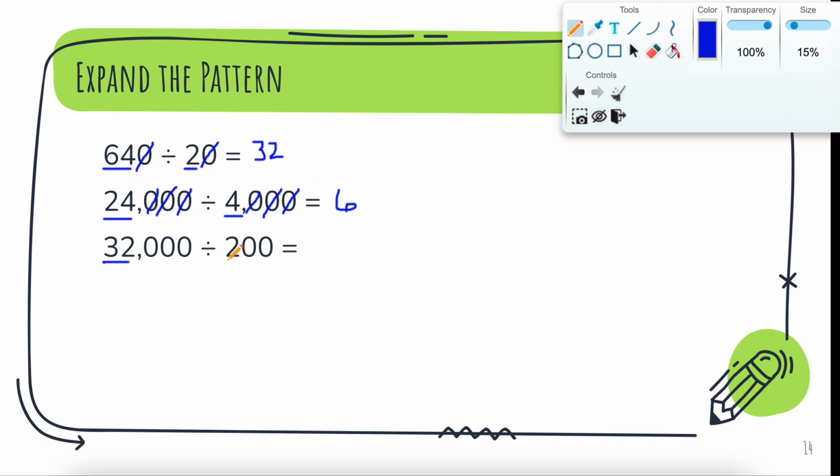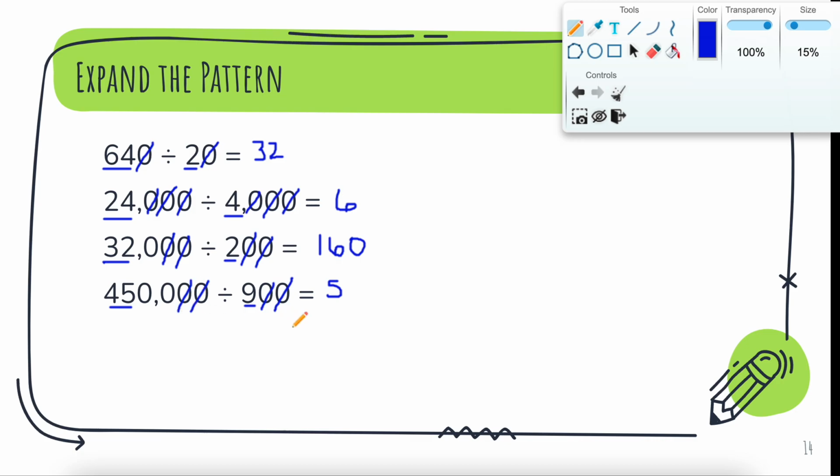I'll start with 32 divided by 2. I know that is 16. I have 2 zeros with the 200 that I will cancel out. That remains 1 zero from the 32,000, so this answer is going to be 160. 45 divided by 9 is 5. I have 2 zeros in the 900.